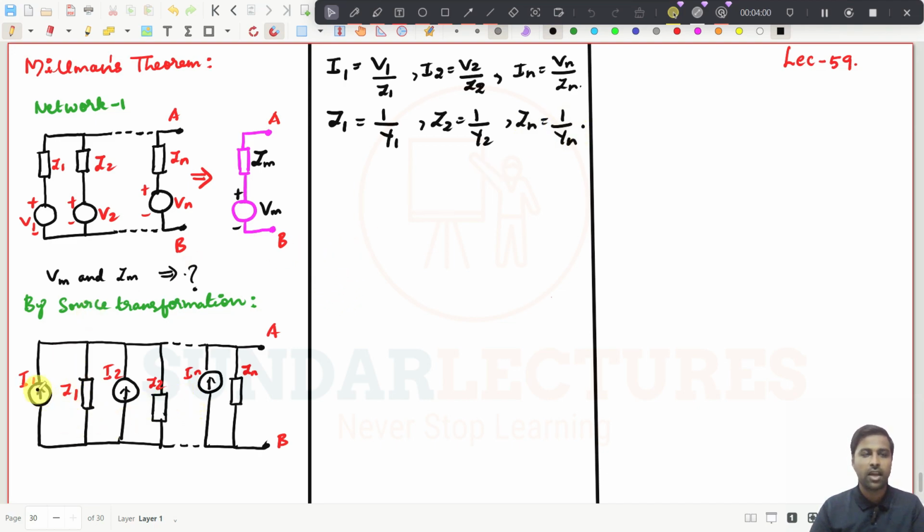Now if current sources are connected in parallel, then what is the total current?